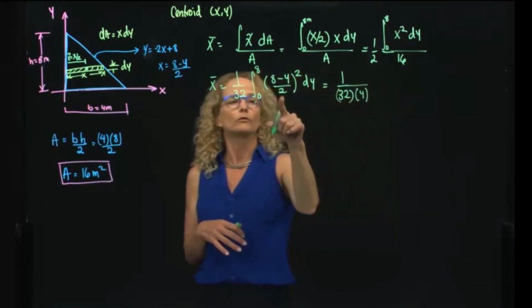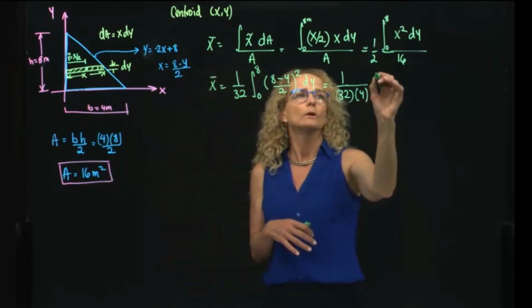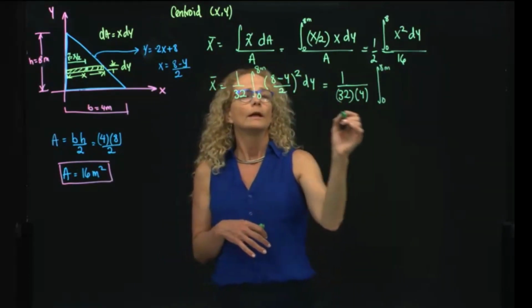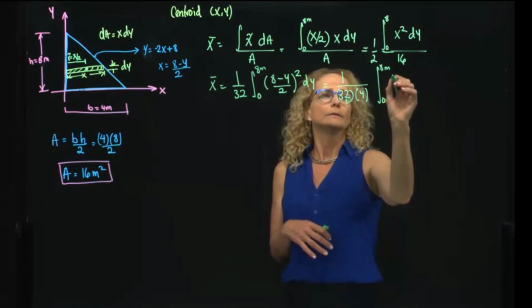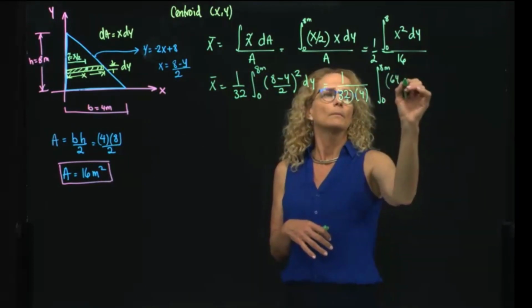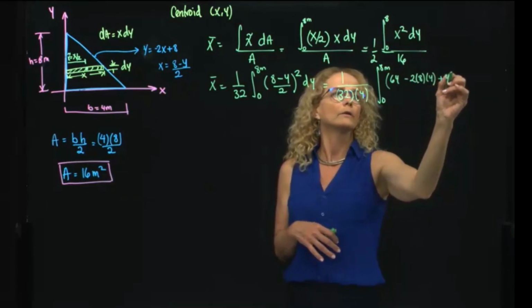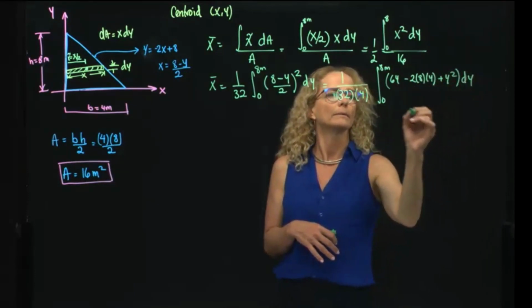Because I can take this 2 squared out of the integral, and I have the integral from 0 to 8 meters of 64 minus 16y plus y squared dy.